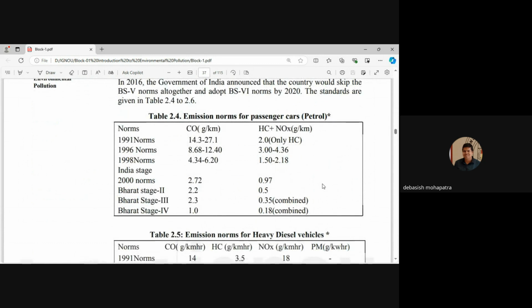So this is a table which shows, according to which norm, how much carbon monoxide and how much nitrogen dioxide is allowed in the emission.